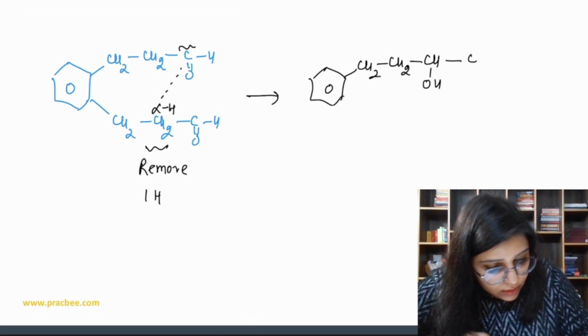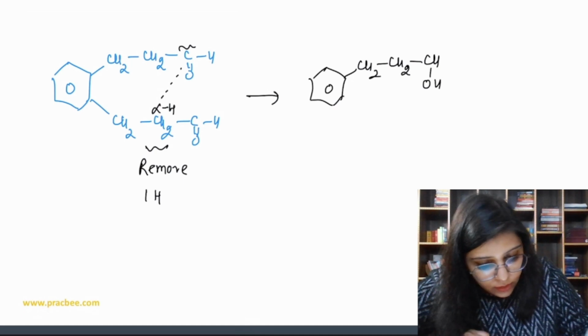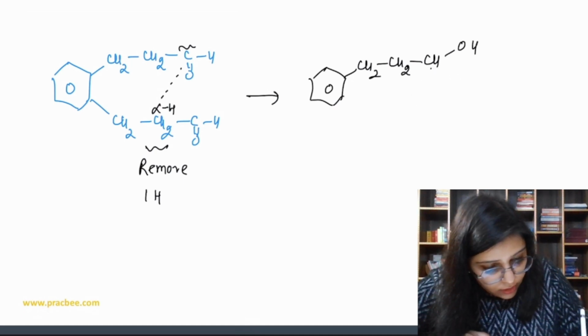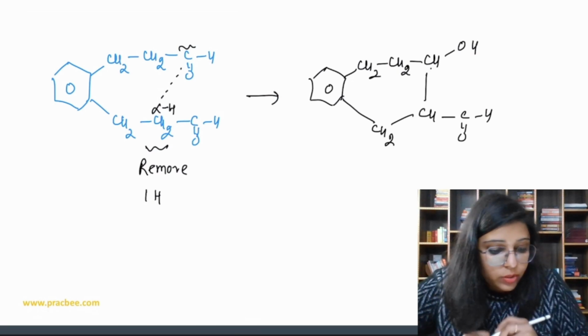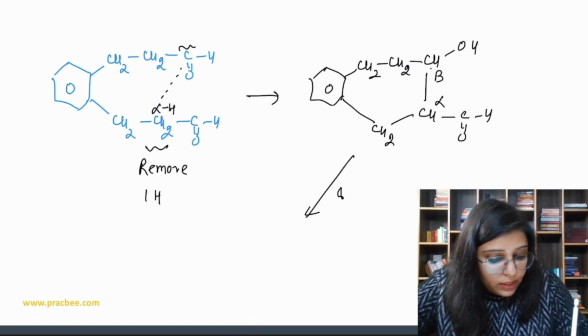So we get CH, CHOH, then we write CH, this is going to be C double bond OH, this is CH2. Okay, now this is alpha, this is beta, and after heating what do we get?